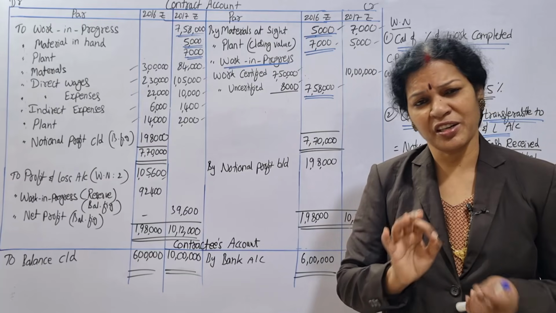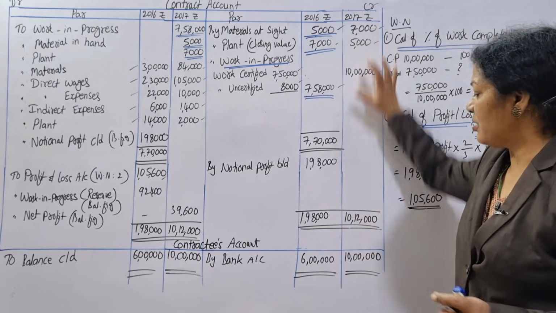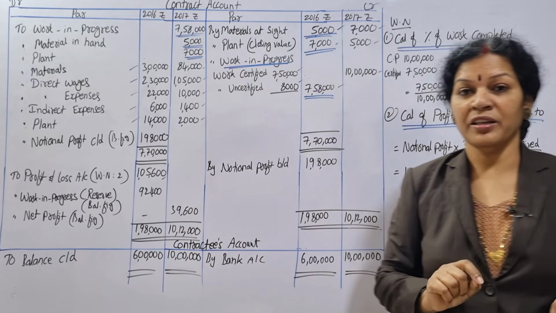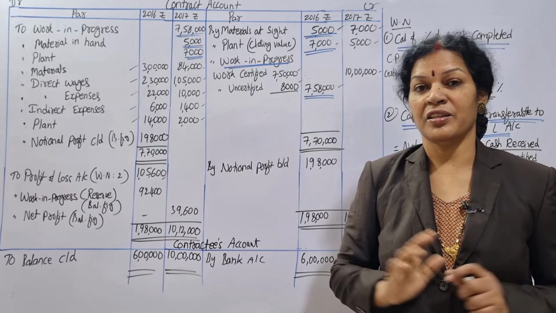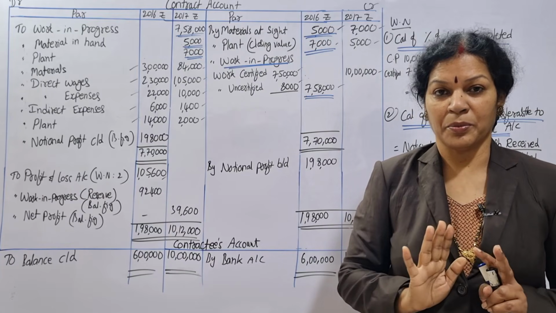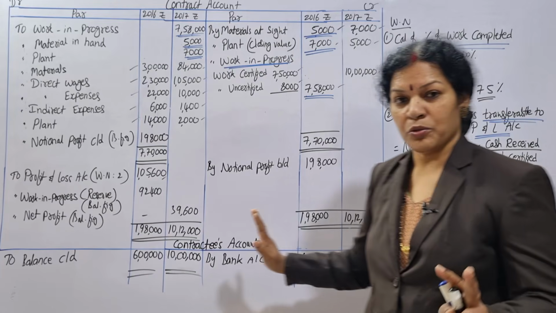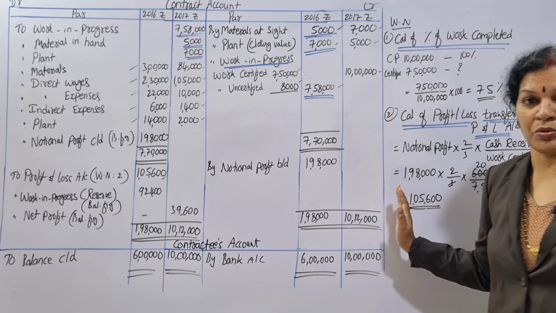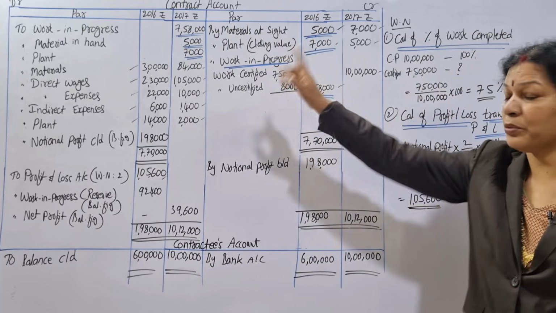Are you understanding? Just like final accounts, this credit side amount minus debit side amounts, you will be getting 39,600. This is net profit, simple net profit. So here no notional profit and no working notes also. This working notes is only for the 2016 year.